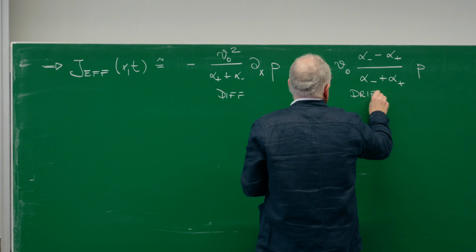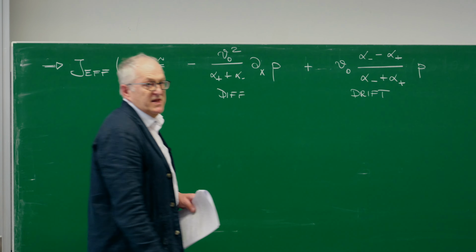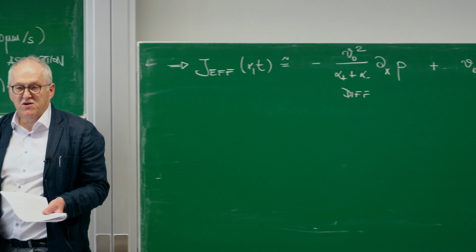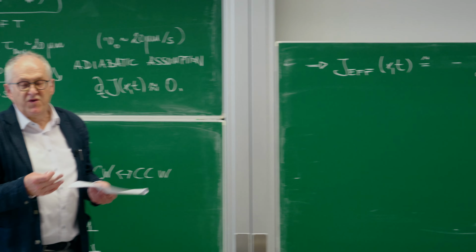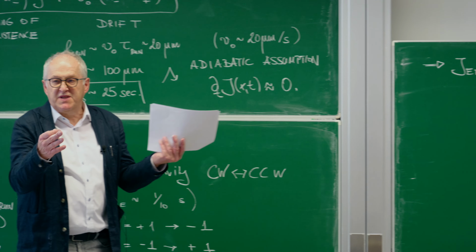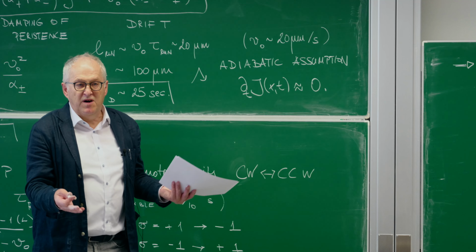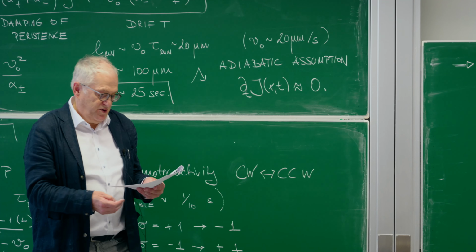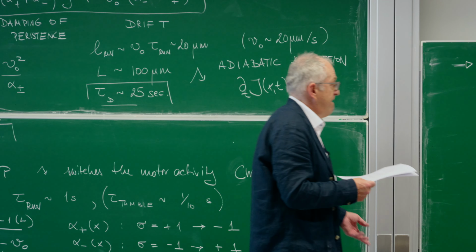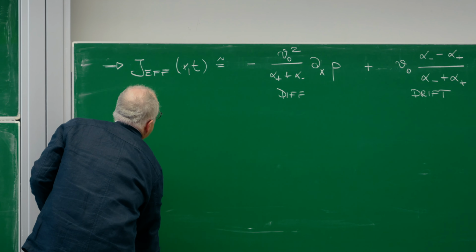So we have diffusion and we have drift. And that means, in summary, as we collect all these terms, the effective coarse-grained dynamics on a time scale that's much larger than the tumble time is a drift diffusion equation. Okay.